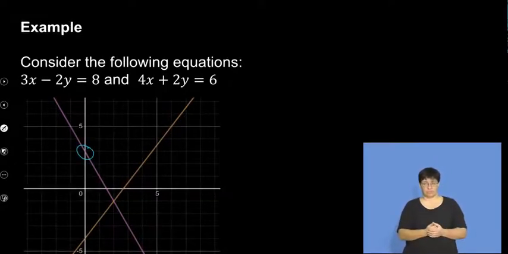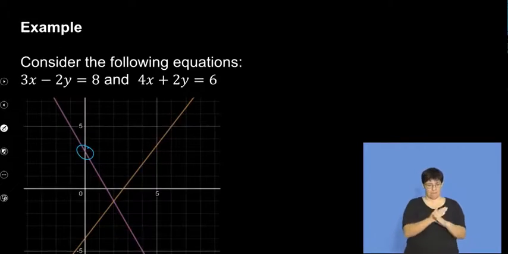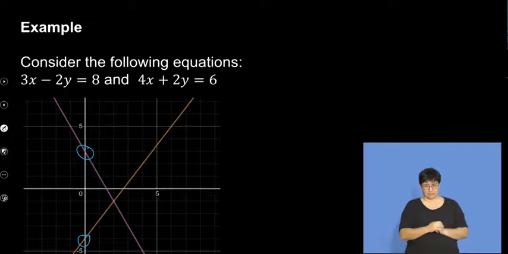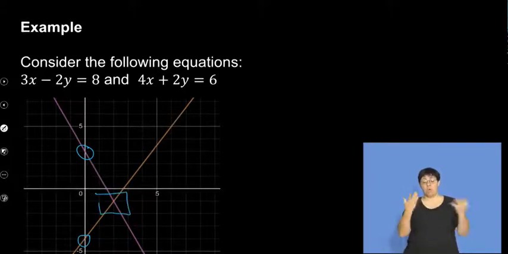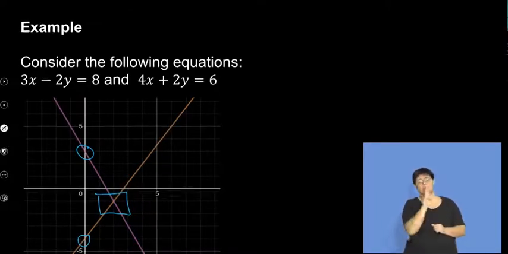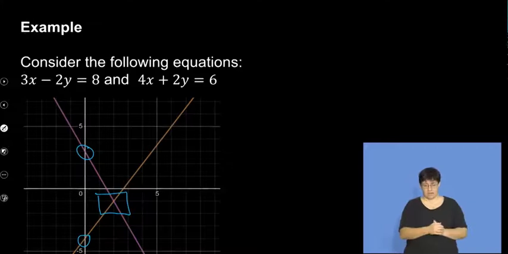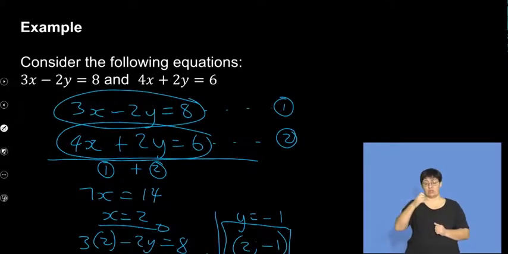Where this will be my y-intercept, that will be my y-intercept, but you don't really need to pay much attention to that. What we are mainly focused on is the intersection of the two graphs here, to see what the point of intersection is. Remember, when I solved this algebraically, I found it to be 2 and minus 1.